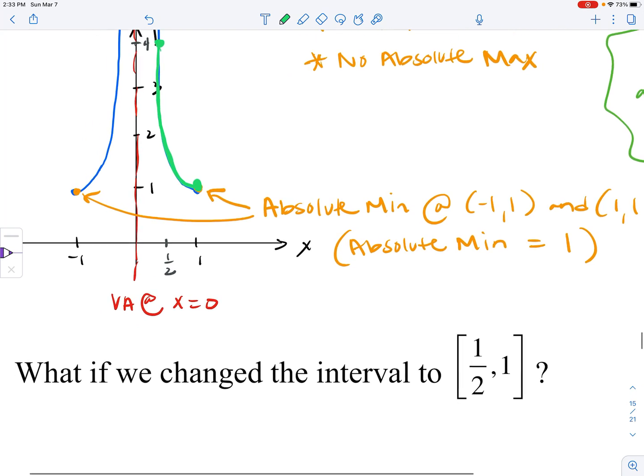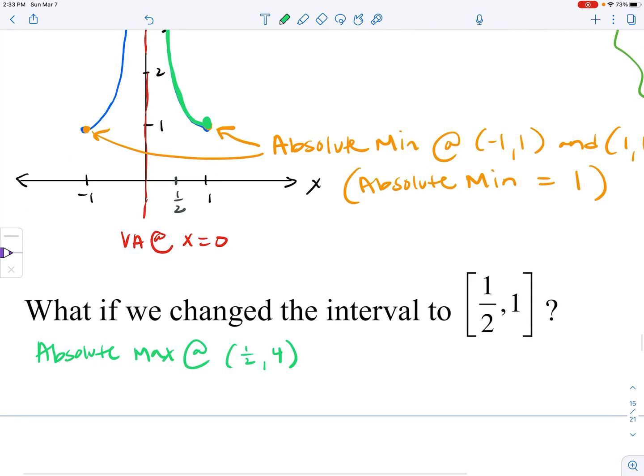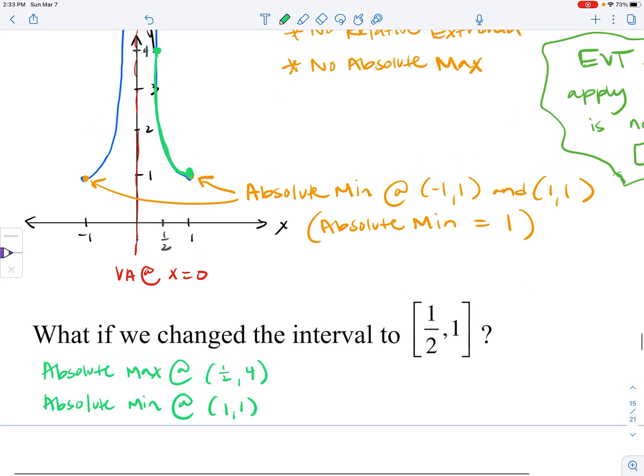Well, in that case, there is an absolute max and an absolute min. There would be an absolute max at (1/2, 4), and there would be an absolute min at (1, 1).